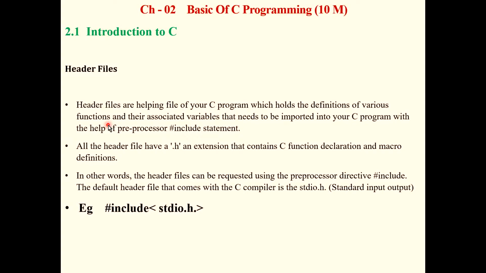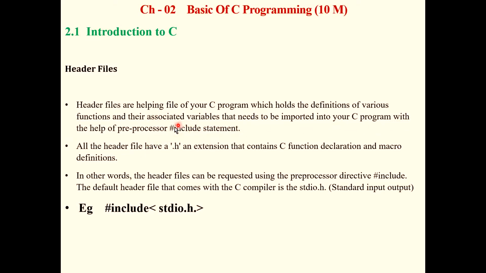In the header file the function is already defined, so the compiler knows the meaning of that function. So when you use any built-in function in your program, at that time you must declare the header file and its associated variables that need to be imported into the C program with the help of the preprocessor #include.